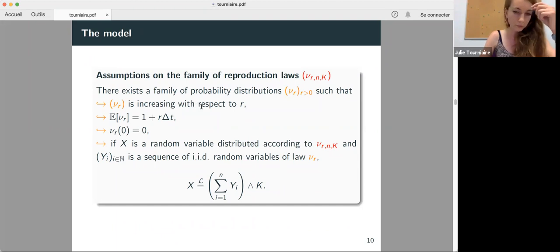So the larger r, the larger the offspring. Then we assume that the expectation of Y1 is 1 plus r delta t, and that each parent has at least one child. And then we truncate the total number of children to K to model the effect of competition.